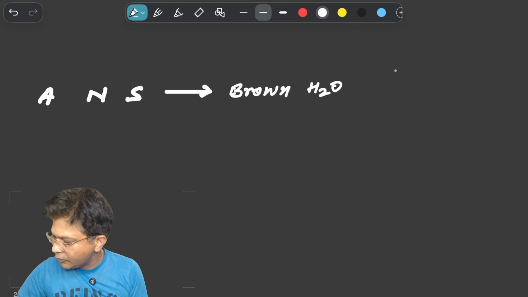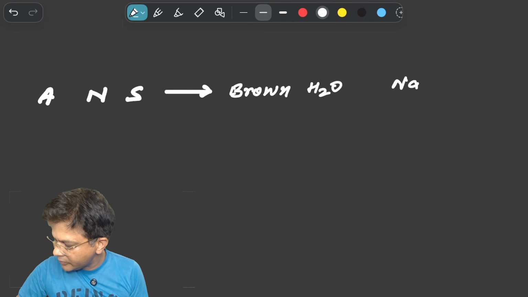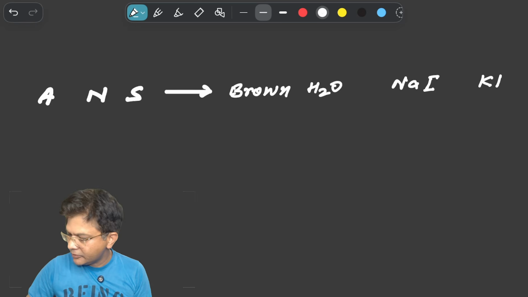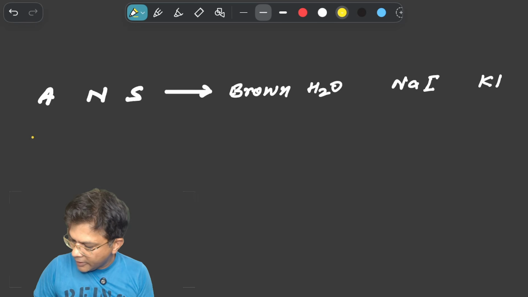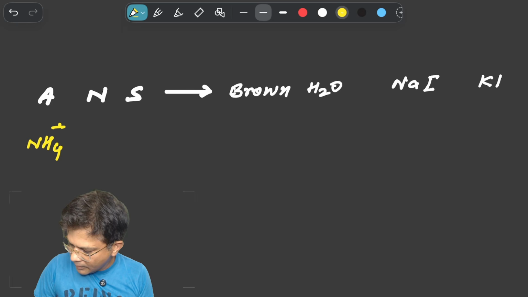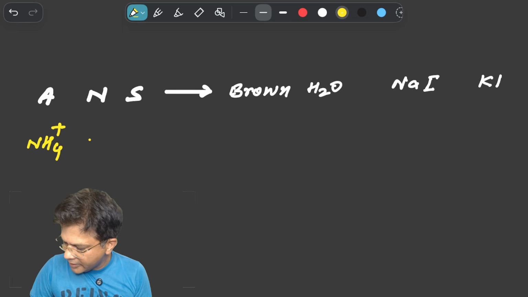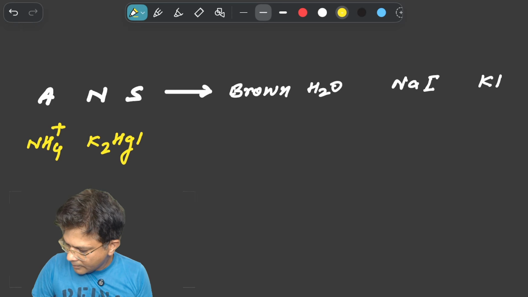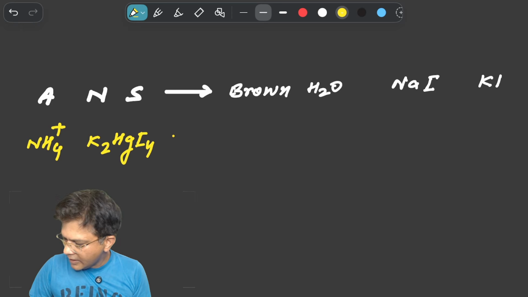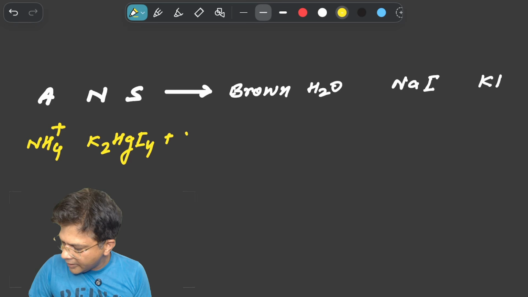ANS, brown water Nike. What is the meaning of this? A for ammonium radical I will write down, N for Nessler's reagent I will write down, S for sodium hydroxide I will write down.